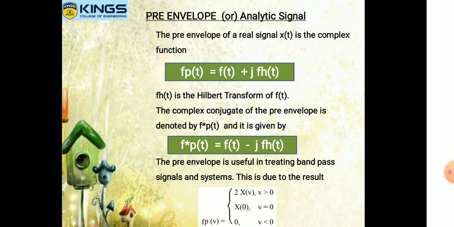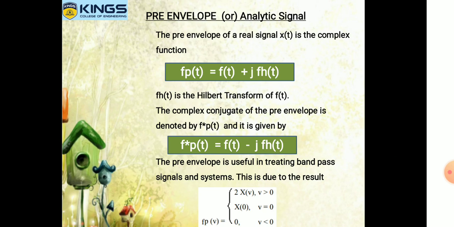The complex conjugate of the pre-envelope is denoted by f star p of t. It is given by the expression f star p of t will be equal to f of t minus j fh of t. So what is the difference between these two equations? The first one is the complex function, the second one is the complex conjugate of the pre-envelope, so it is given in the negative, minus j fh of t.